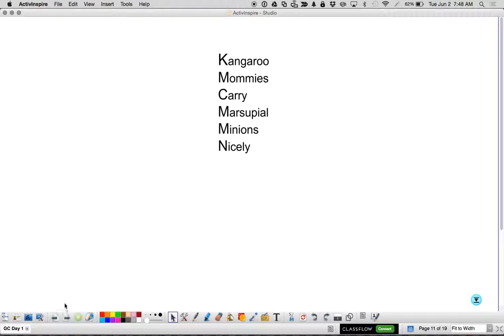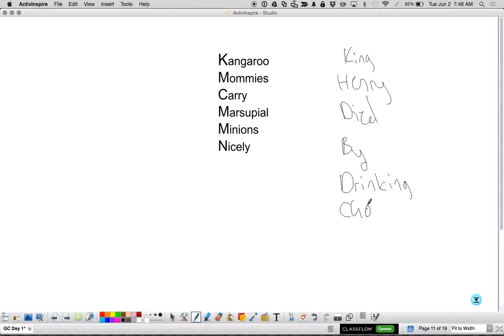So here's one mnemonic that I came up with for this. It's maybe not the best. Kangaroo mommies carry marsupial minions nicely. There's another one that you've probably seen that's King Henry died by drinking chocolate milk, and then I added on most nights.